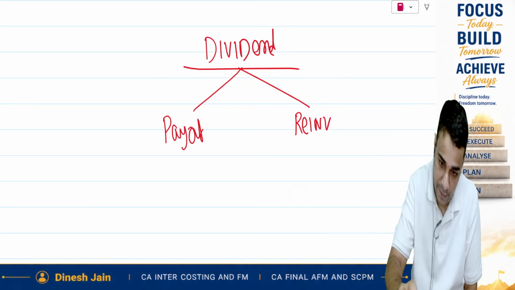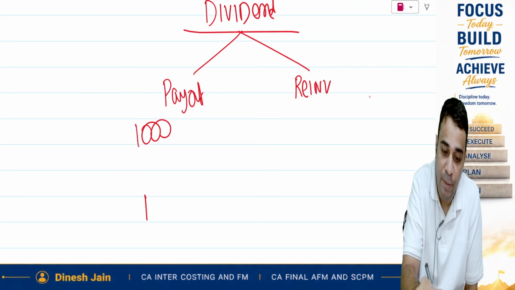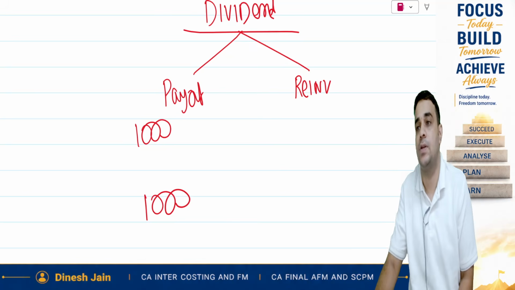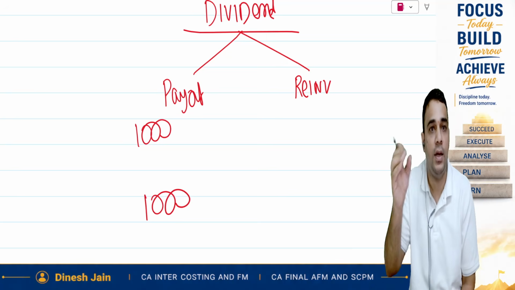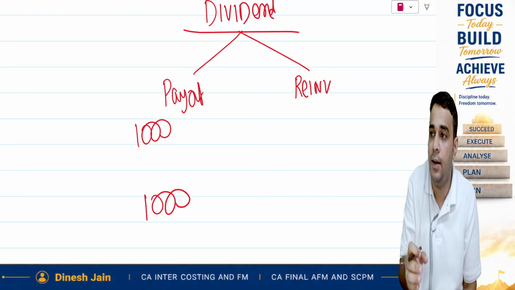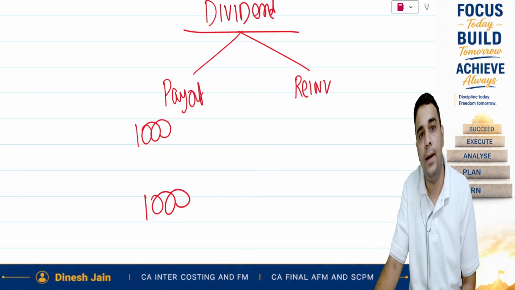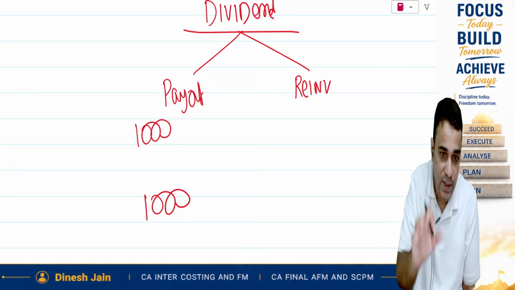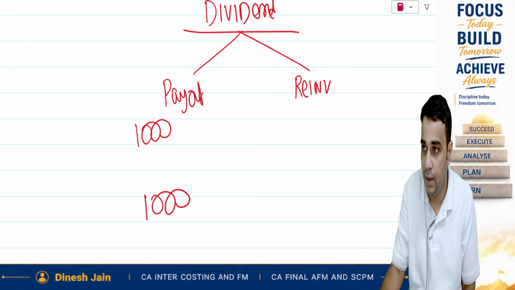For example, I started with 1000 units. In a payout, I end with 1000 units. Whatever dividend is declared comes to my bank account. Invested 1000, redeemed 1000 whenever I'm redeeming.